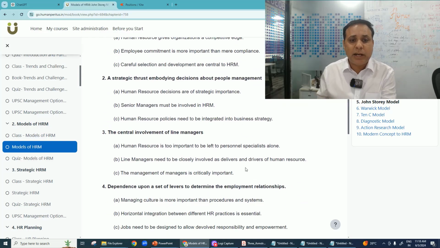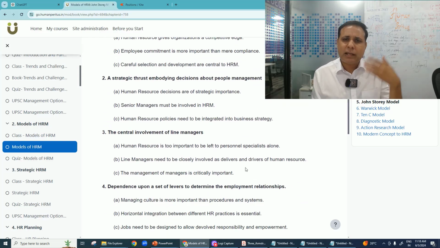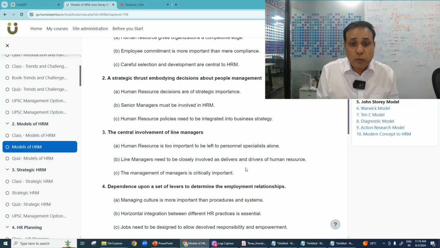The third category of differences is the role of the line manager. There is an HR manager, and there is a line manager. The line manager is your immediate manager, you can say your work manager. So what is the role, or what is the equation, between your HR manager and your line manager? This was the third category.